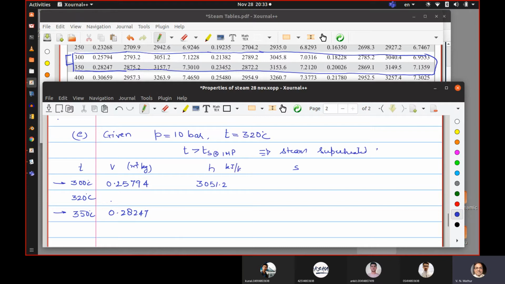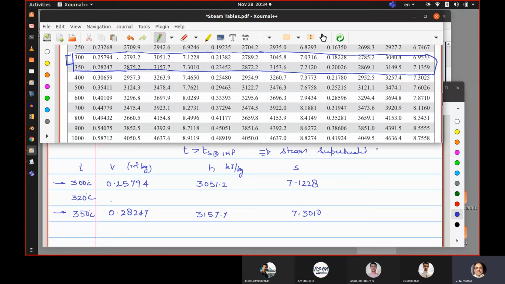The units are kilojoule per kg, and this is 3157.7, and entropy is 7.1228, and this is 7.3010. So I have written these values, this one, this one, this one, this one, this one, and this one. Okay.